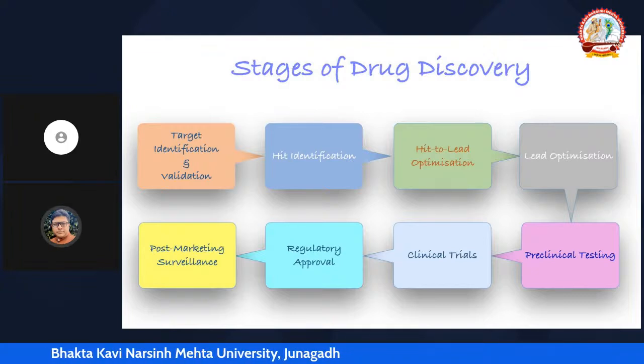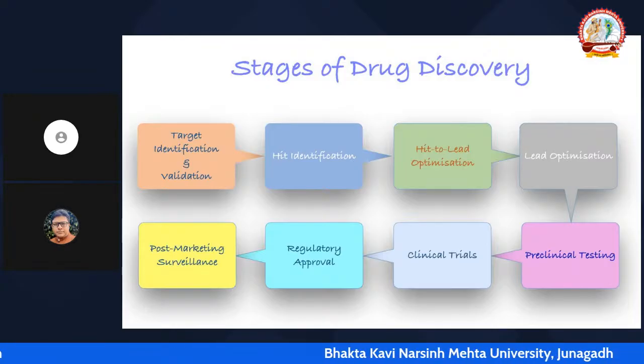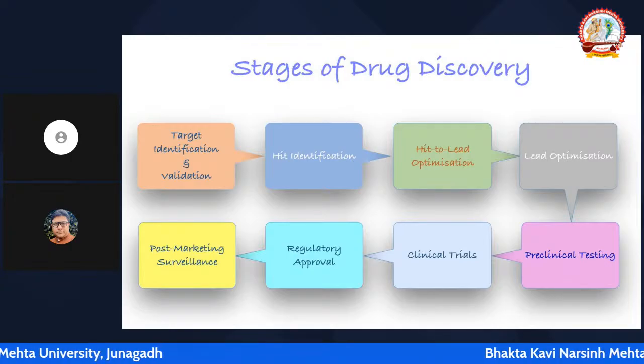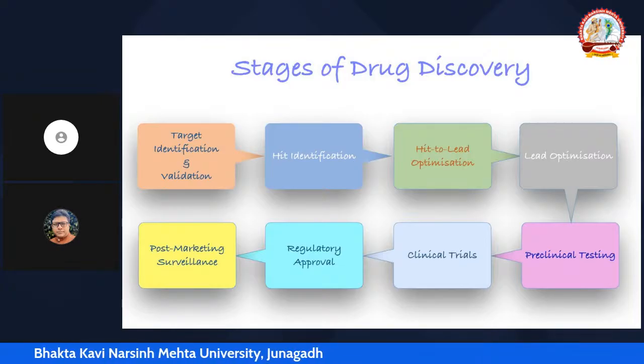But in rational drug design, you first identify the target. That means where you want the biology to take place. This will let you decide what type of target you are searching for.